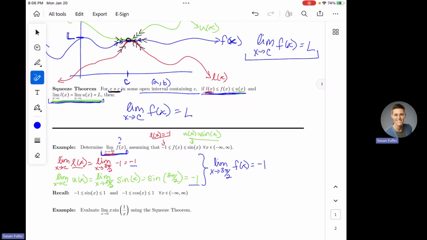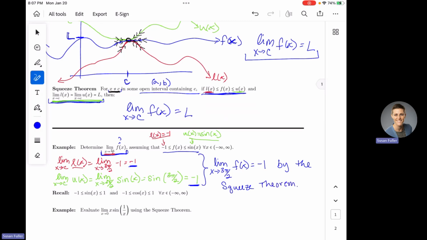I don't even know what that function looks like, but because it's stuck between these guys and they have the same limit at 3 pi over 2, I know that the limit of my middle function at 3 pi over 2 is also -1. And that is by the squeeze theorem.